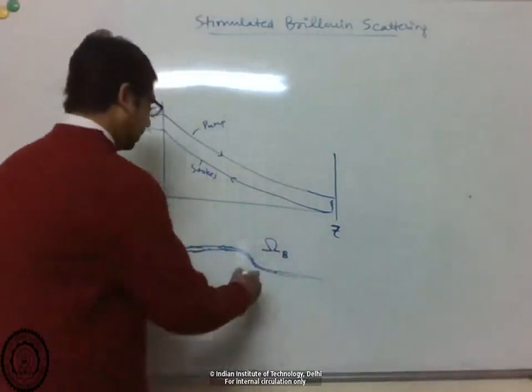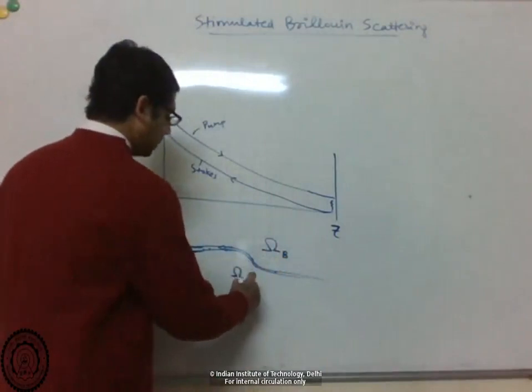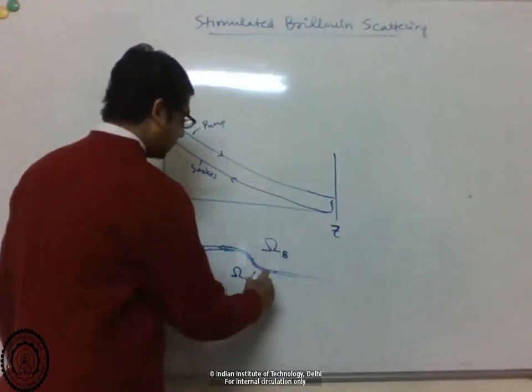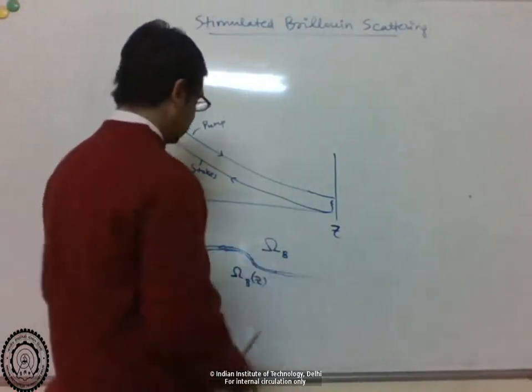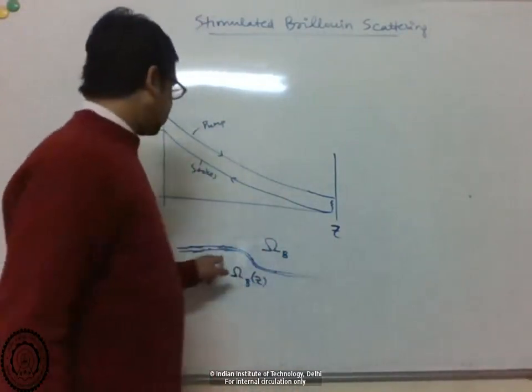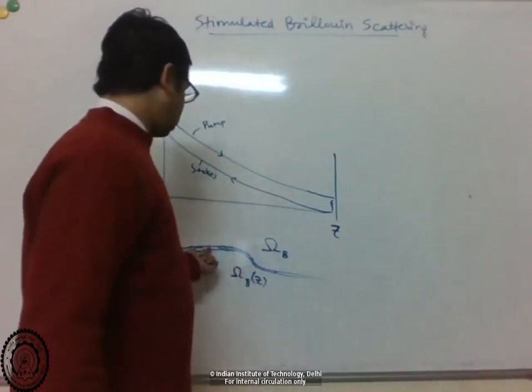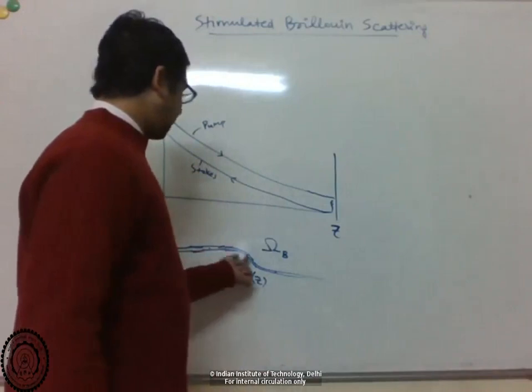So what you can think of is that instead of a single Brillouin frequency for the whole fiber, there was a distribution of Brillouin frequencies at different lengths, because the fiber was not the same at different lengths.